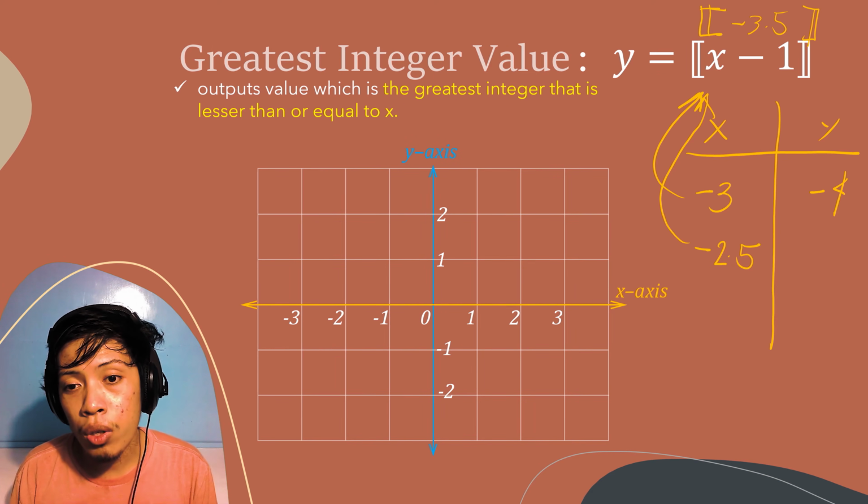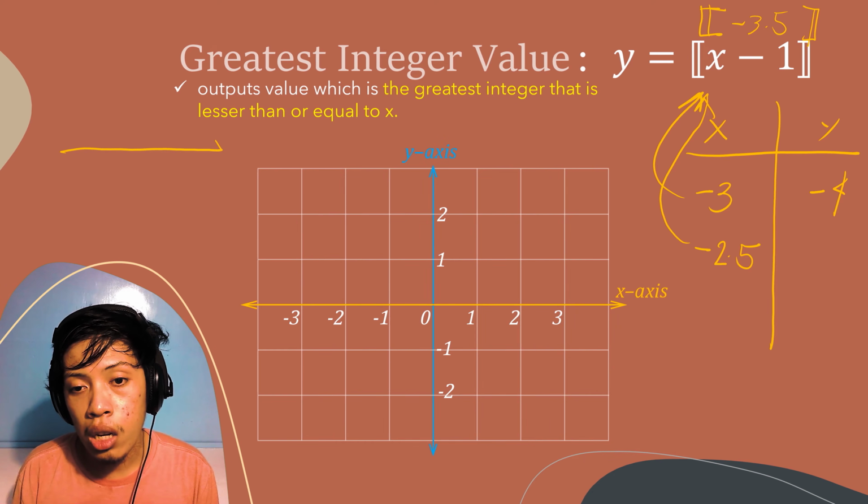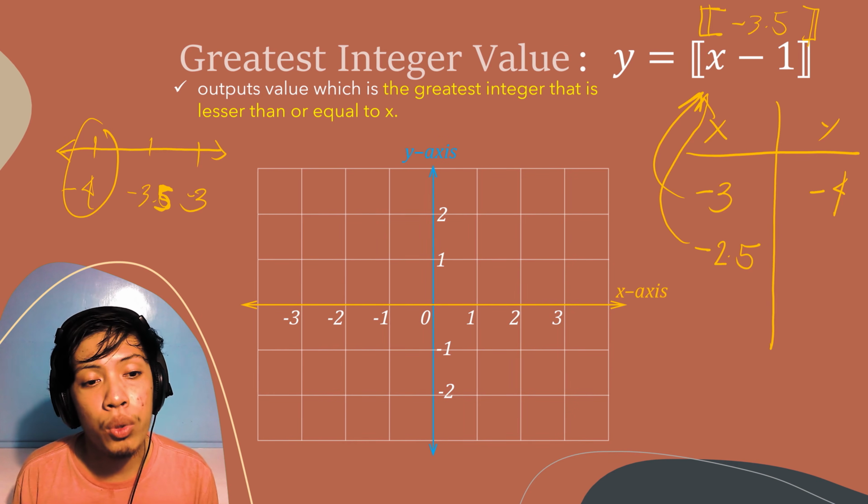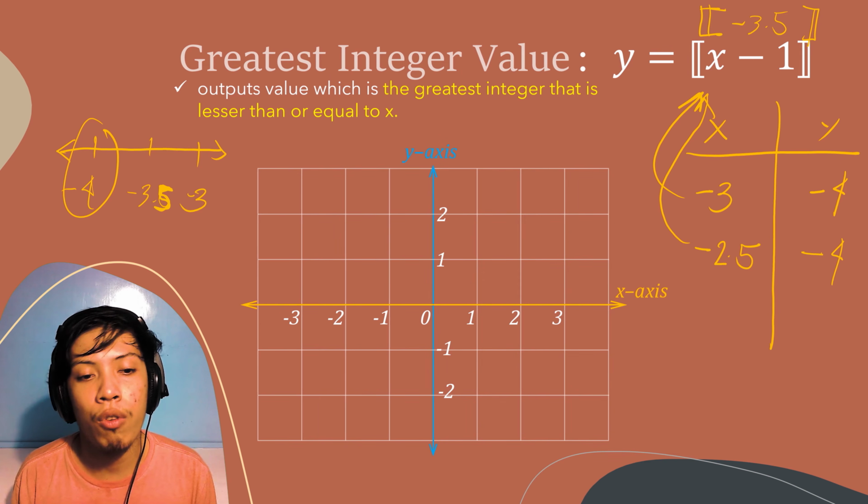Negative 4, because if you have this number line, with negative 4, negative 3, and negative 3.5 here, the highest integer that is just below negative 3.5 is negative 4. So your output here is negative 4.